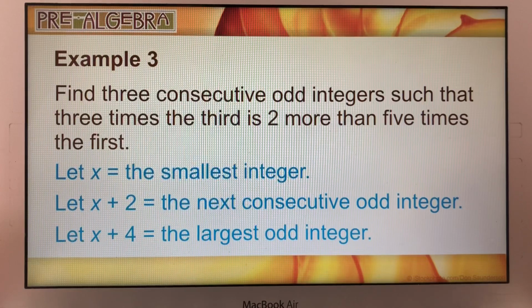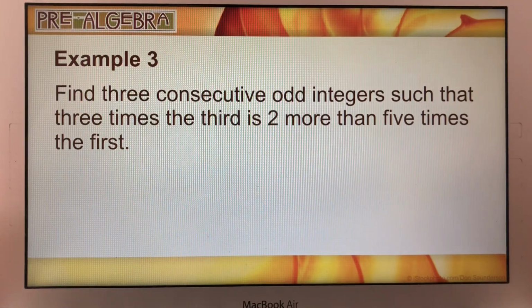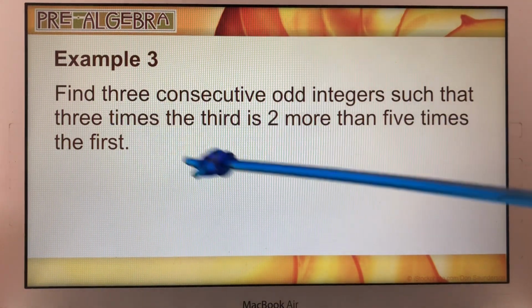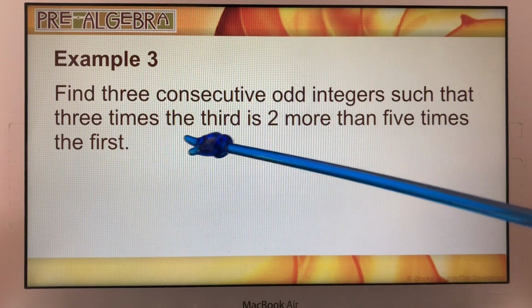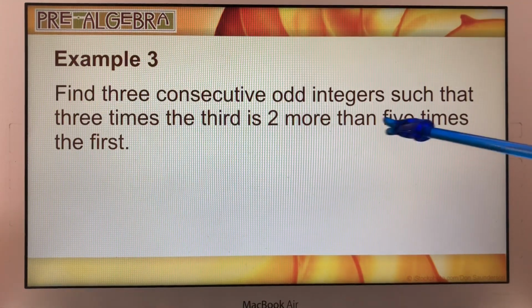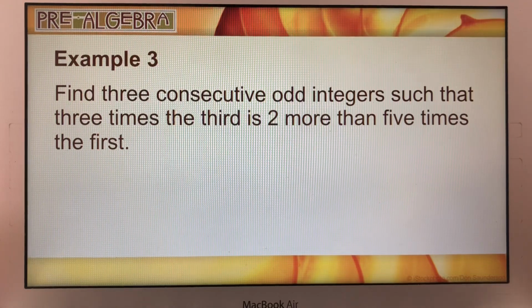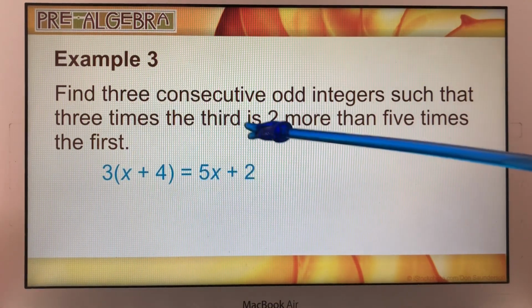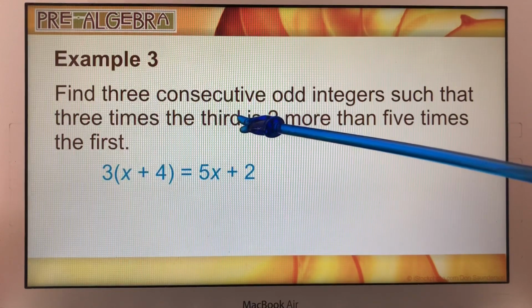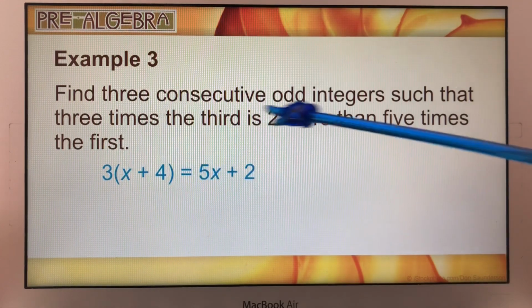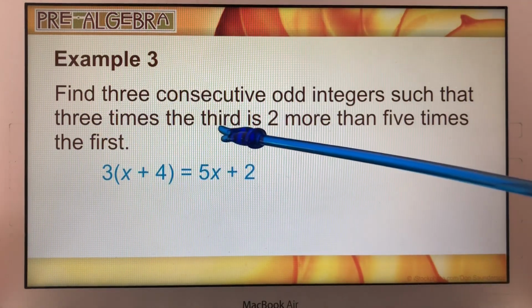Then I need to take those and translate these phrases into the numeric equations. 3 times the third is 2 more than 5 times the first. Okay, now here's my equal sign, right? On the left side of the equal sign, I have 3 times the third.